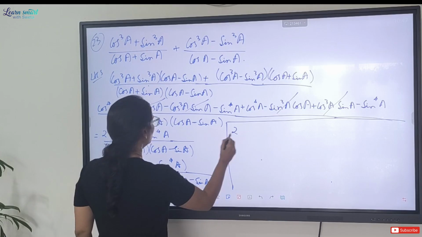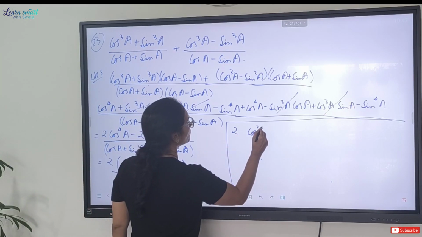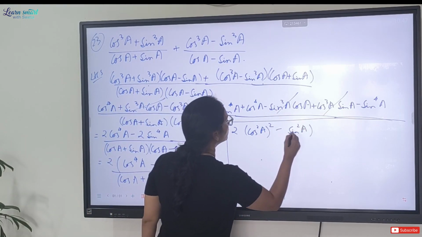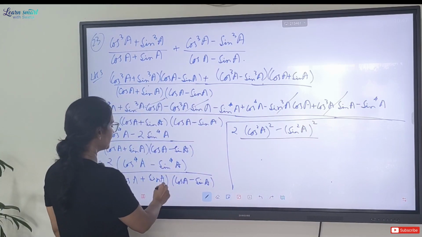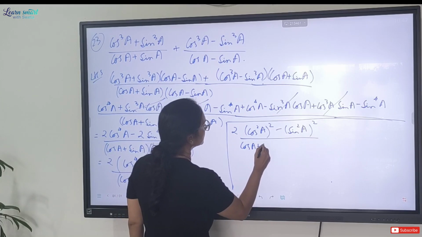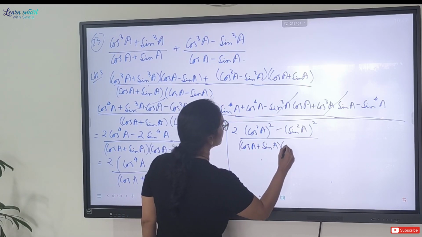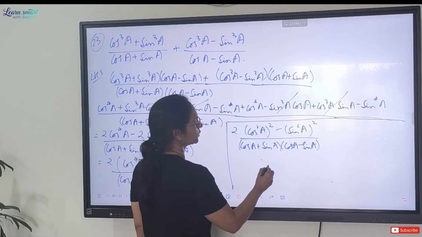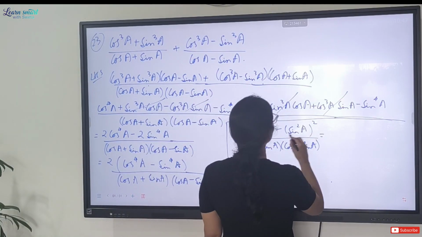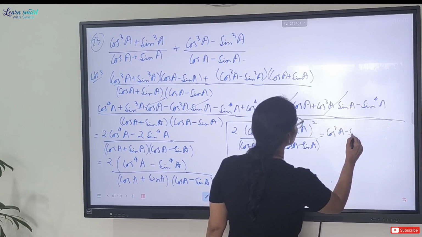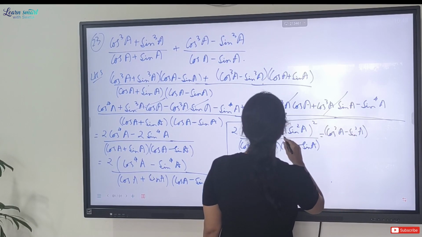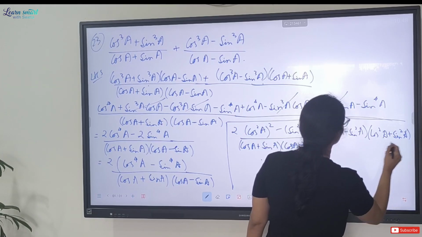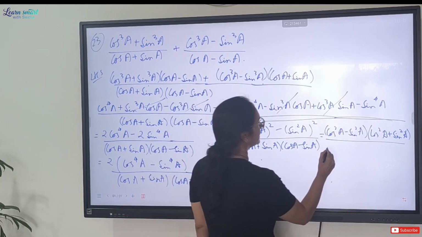We will write this as 2 times cos square A the whole square minus sin square A the whole square, upon cos A plus sin A into cos A minus sin A. Now this is A square minus B square, so let's write it as A plus B into A minus B. So cos square A minus sin square A into cos square A plus sin square A, upon cos A plus sin A into cos A minus sin A.